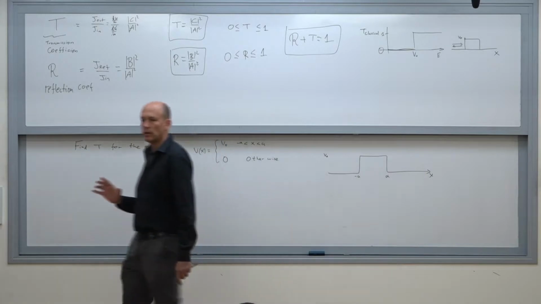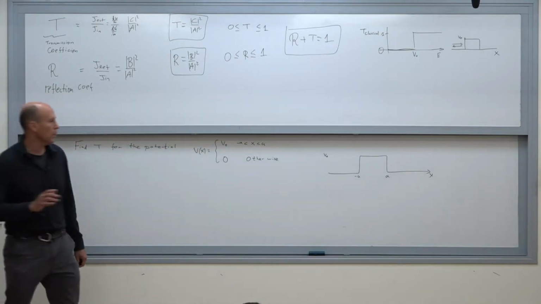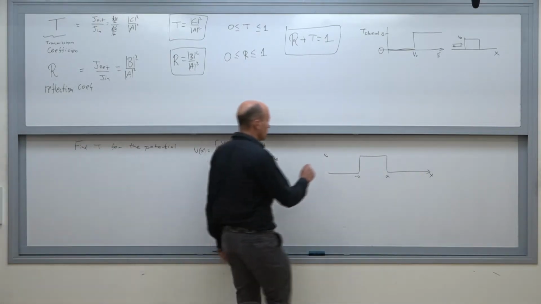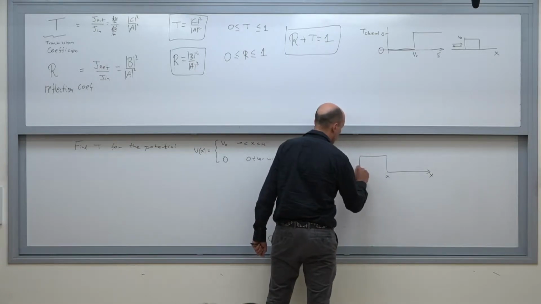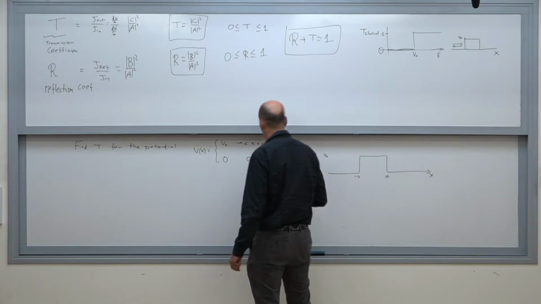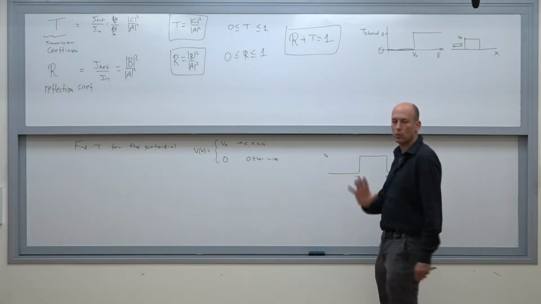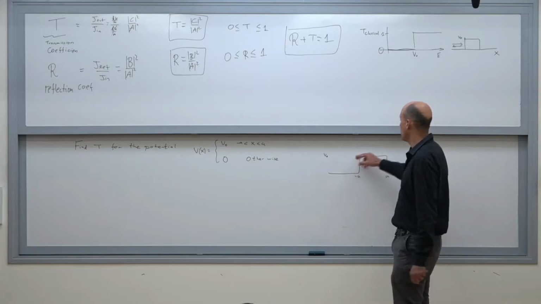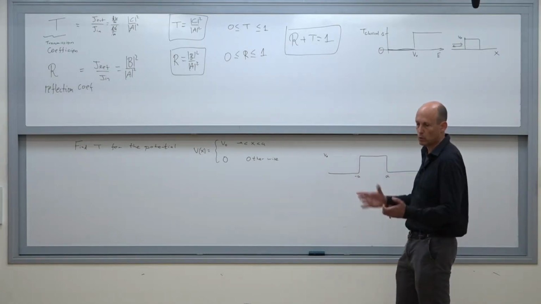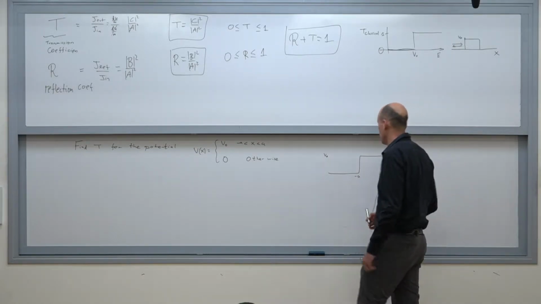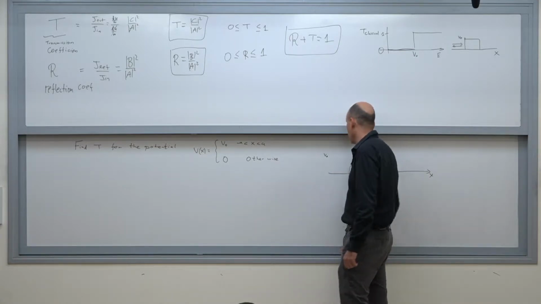You immediately understand. The classical problem here is really trivial because this allows me to solve this. Okay, this is a free wave up till here. And here there's another free wave, and in the middle there's going to be something simple. The structure of the potential is very simple. That's why we choose it. That's why we teach it. If it had a complicated structure, we could not solve it as usual. We could solve it numerically, but not as we do here.